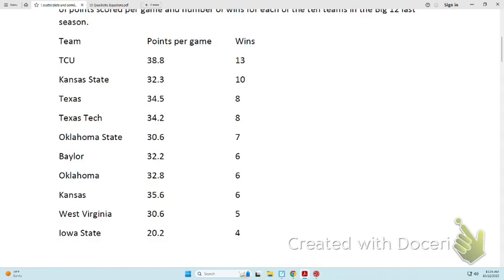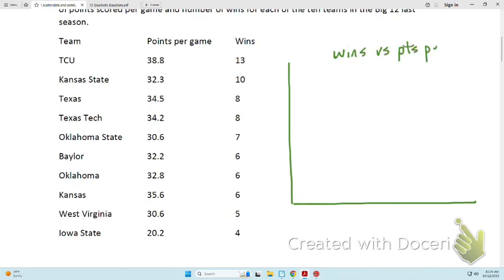When you make a scatter plot, the typical XY coordinate plane is y versus x. So down here, when it says wins versus points per game, it sounds very backwards, but we're putting the wins on the y and the points per game on the x.